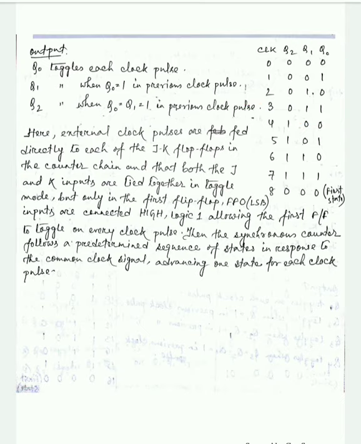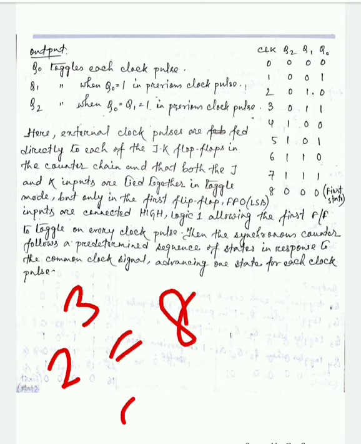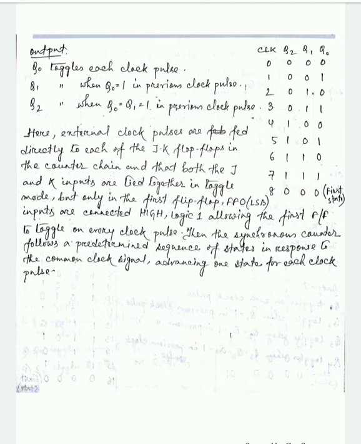As 3 flip-flops are used in this counter, we get 2 to the power 3, which means 8 possible states, with present counts from 0 to 7.